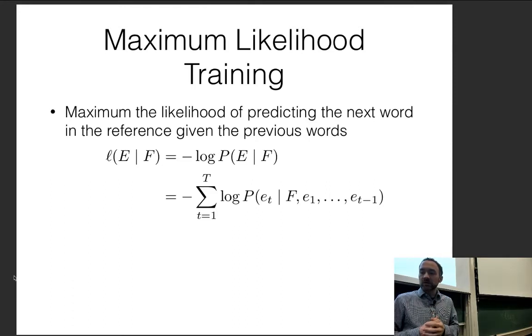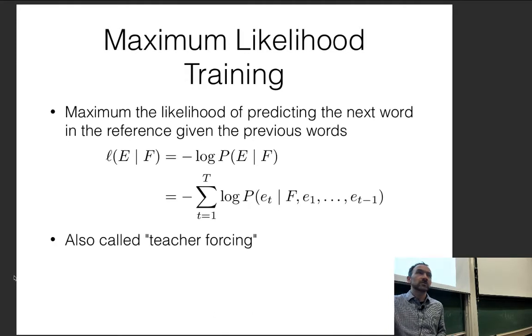And here I've used F and E, but if you view F as X and E as Y, then this is our normal P of Y given X. And we decompose this into action by action prediction in a locally normalized model like we do normally. So this is the thing that we're very familiar with, right?